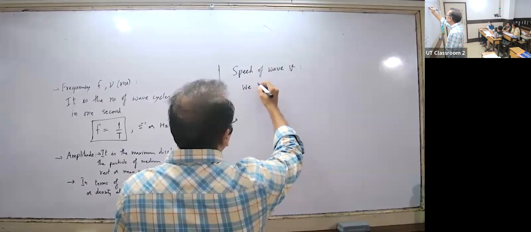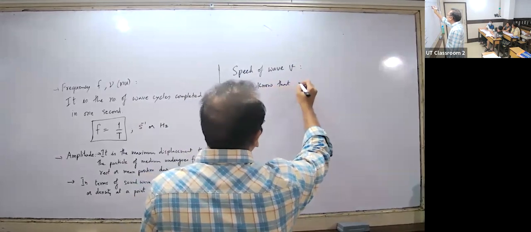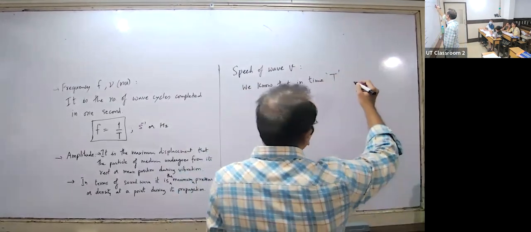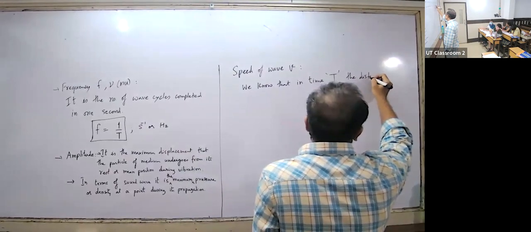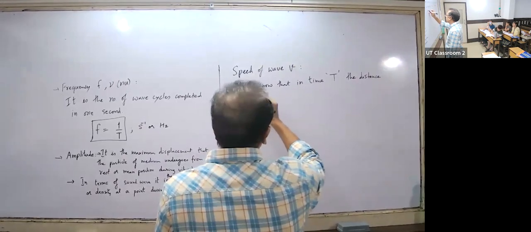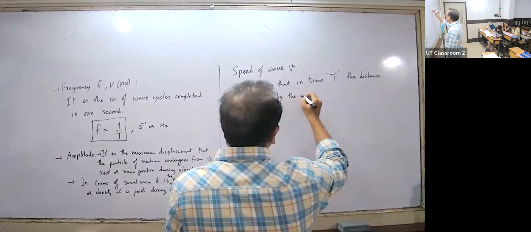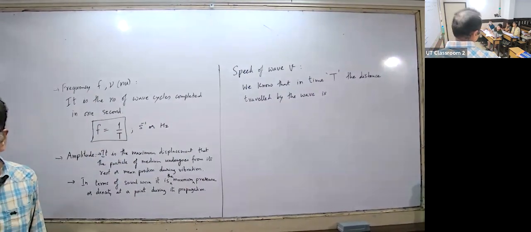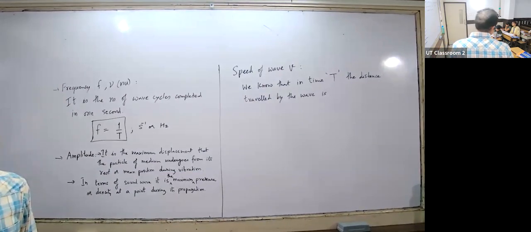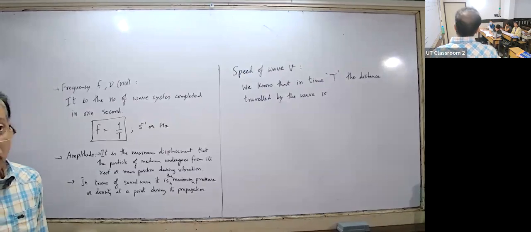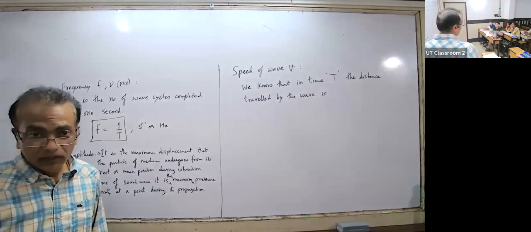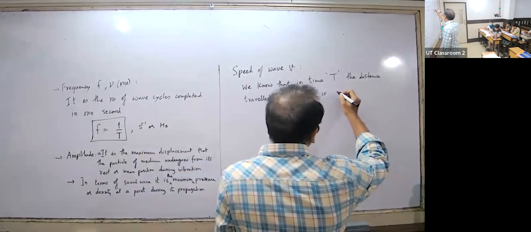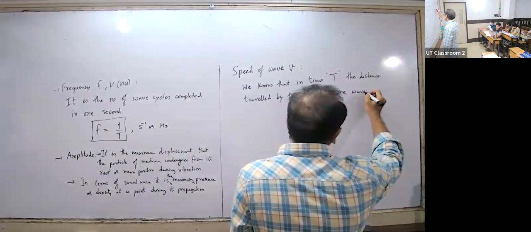We know that in time capital T, the time period, the distance traveled by the wave is one wavelength, lambda. Isn't it?